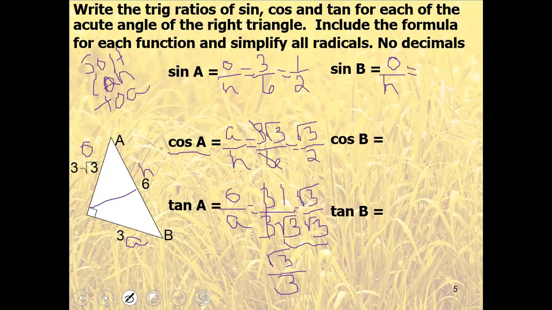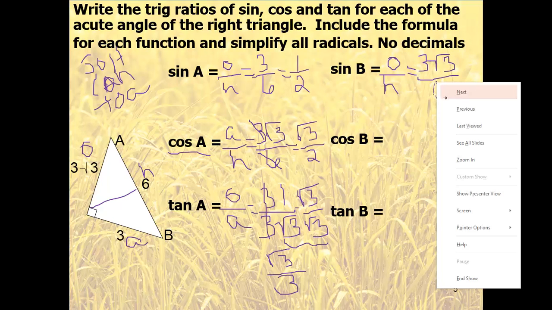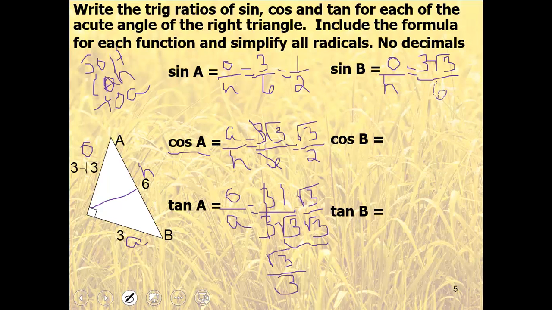And I get 3 times the square root of 3 over 6. Whoops. I just want it to go away. There we go. All right. And when I cancel that, oops, there's a 6. I get the square root of 3 over 2.